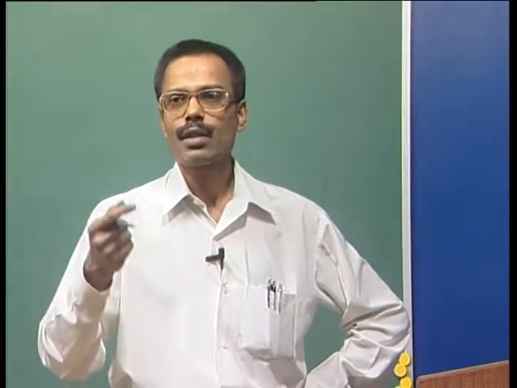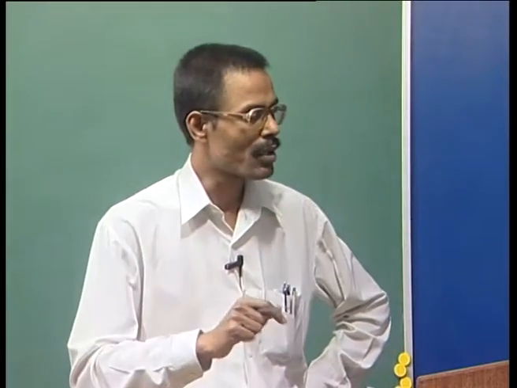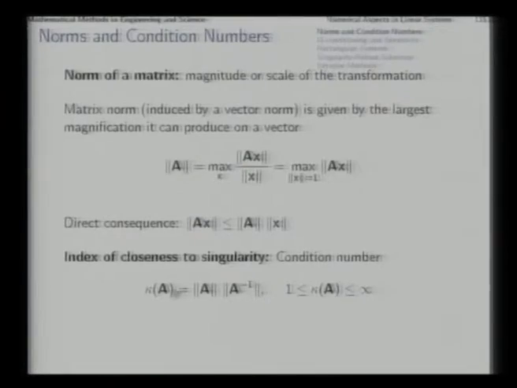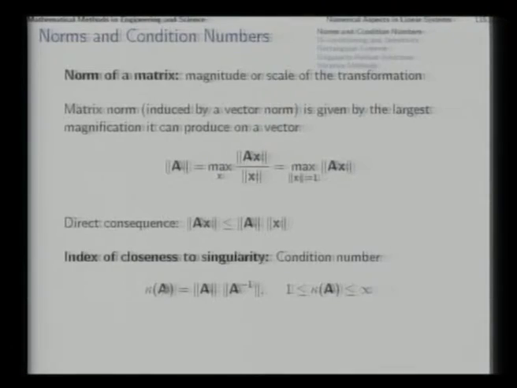If the determinant is close to 0, then we say that the matrix is close to singularity, and a measure of closeness to singularity, or rather a measure of being away from singularity, is given by the condition number, which is the product of the norm of A as defined above and the norm of A inverse.